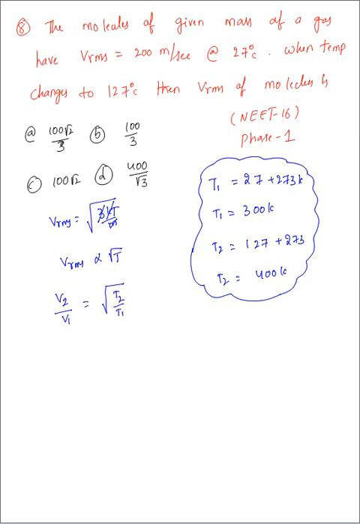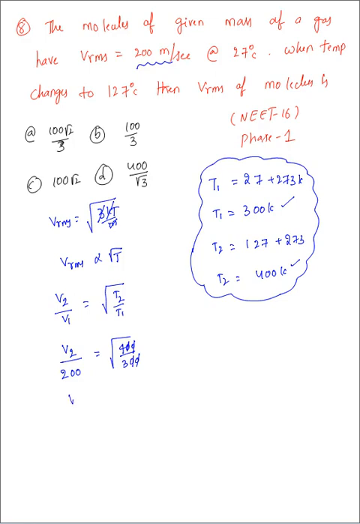Therefore V2 by V1 value, how much is given in the question? They gave in the question 200 meters per second. So 200 equal to, T2 value how much do we have? 400 divided by T1 value how much? 300. So this 0 will get cancelled, and this 0 will get cancelled. Root 4 is how much? 2 by root 3.